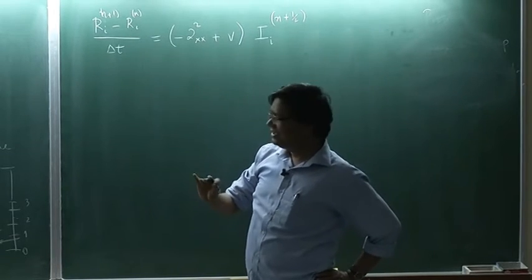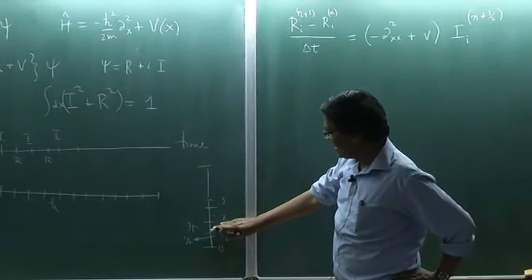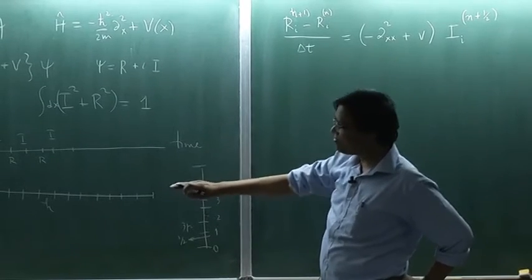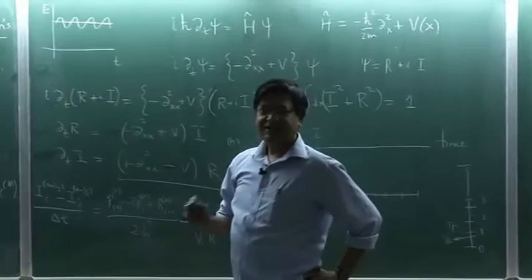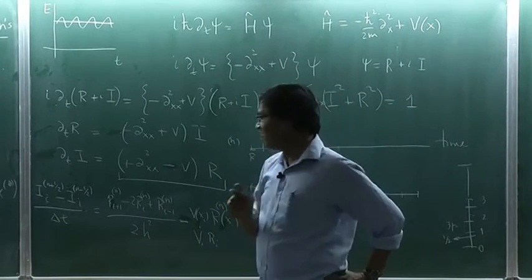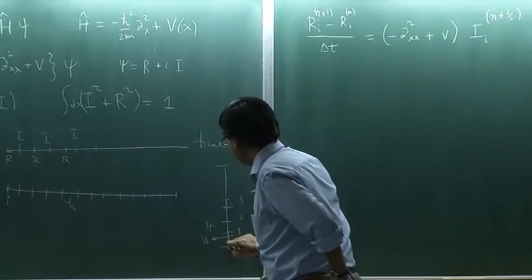Okay. So this is clear from n to n plus 1, or n plus half to n plus 3 half, or n minus half to n plus half. Only problem will come with the first step. First step, I will be given real and imaginary part at t equal to 0.